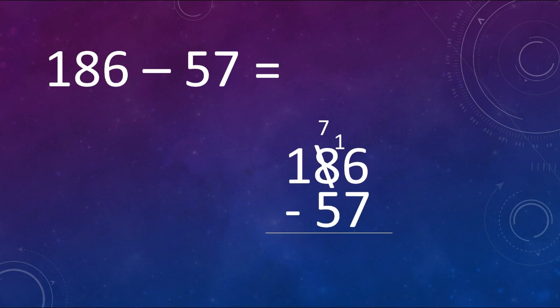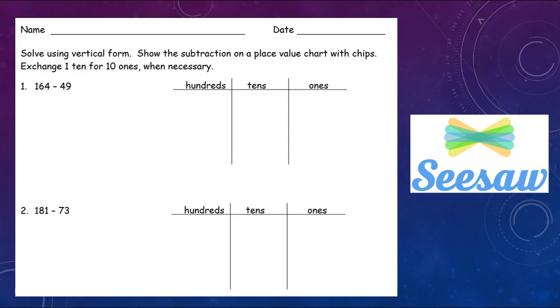What did you get? 9. Good. And what is 7 minus 5? 2. And we bring down the 1. What is our answer? 129.